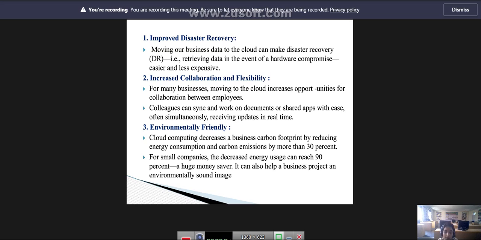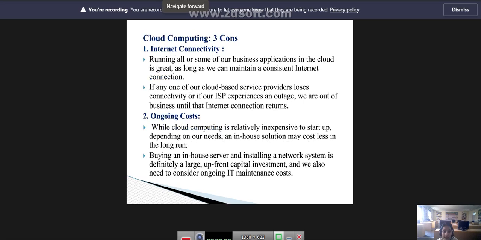So what are the 3 cons of the cloud computing? Internet connectivity. What is meant by internet connectivity? Running all or some of our business applications in the cloud is great, as long as we can maintain a consistent internet connection.